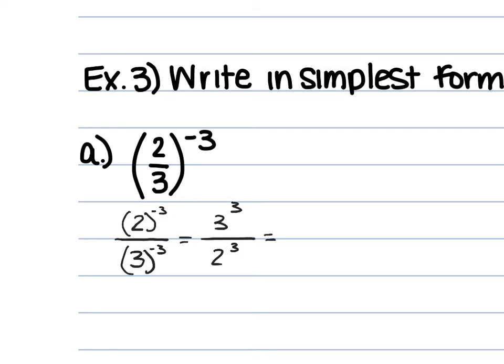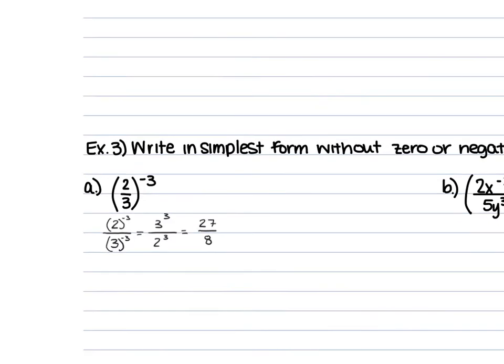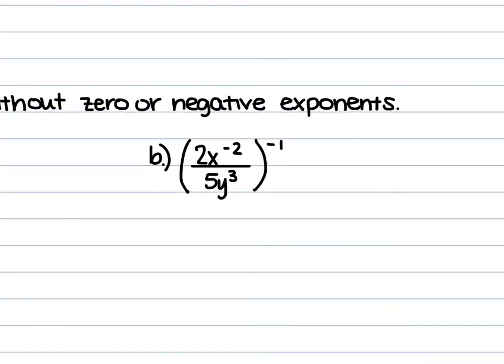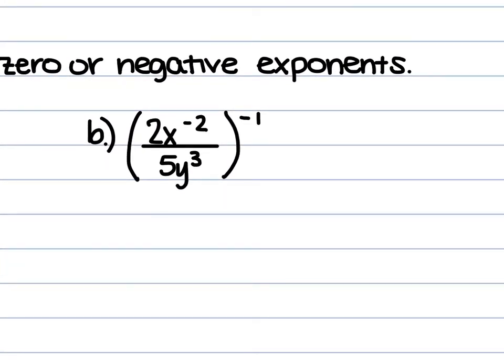Now we're going to rewrite this. So we've got 3 times 3 times 3, which would be 27, and 2 times 2 times 2, which is 8. Just becomes 27 over 8. Okay, for this one, that -1 up here gets applied to both the top and bottom.